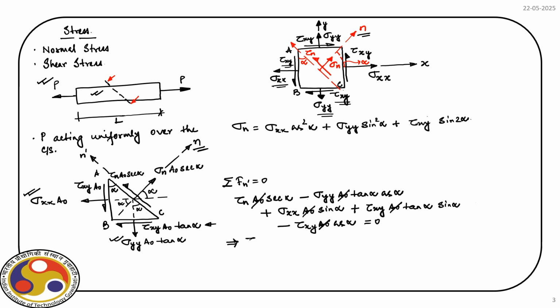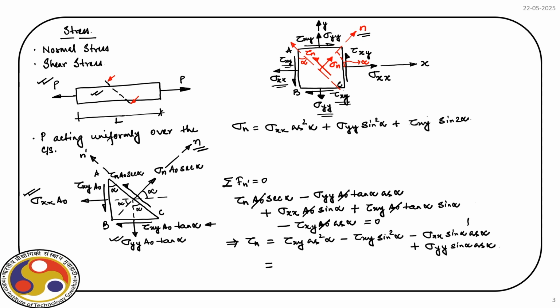So, what we will get is tau n is equal to tau xy cos square alpha minus tau xy sin square alpha, and then we have minus sigma xx sin alpha cos alpha, and then plus sigma yy sin alpha cos alpha. Again we can simplify this expression.